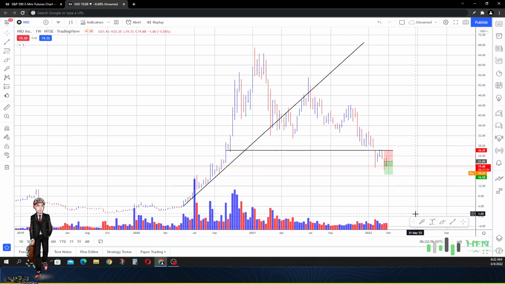When this price in NIO right here started its descension, this is where you needed to buy the dip. But that was only under the premise that buyers were actually buying the dip. They didn't do it. That's why price in NIO on this bout of going up right here got rejected.